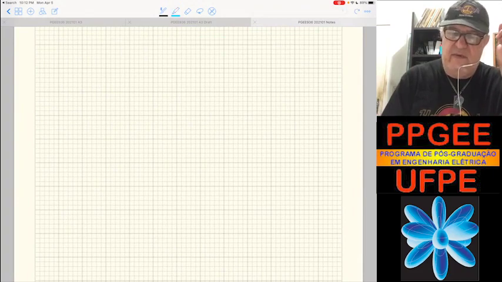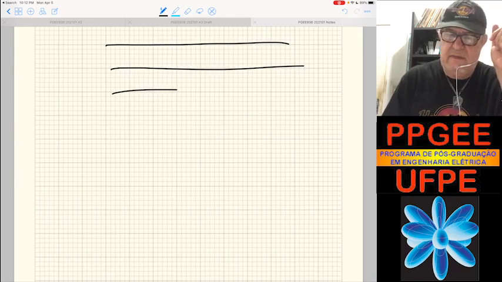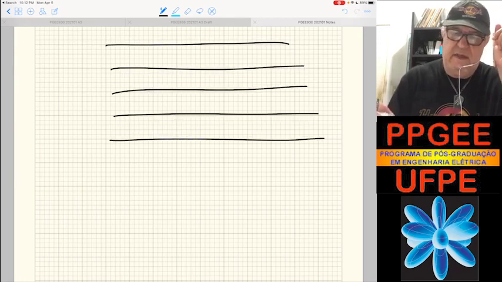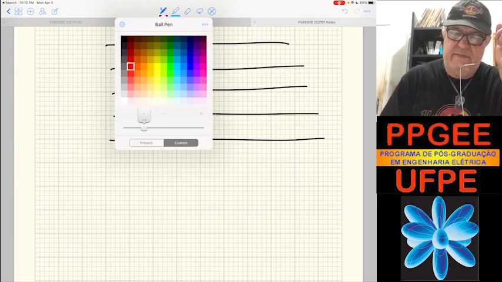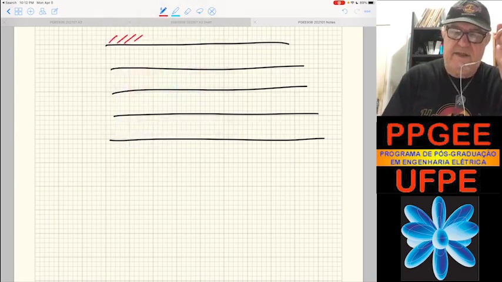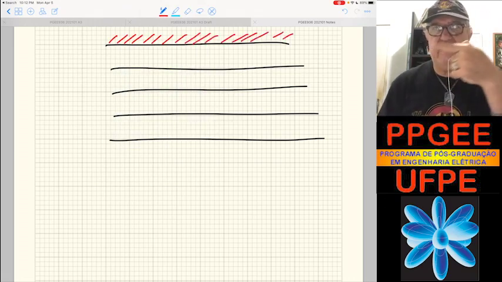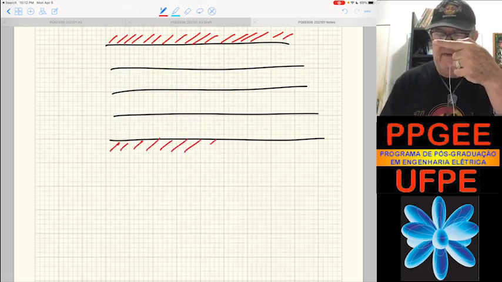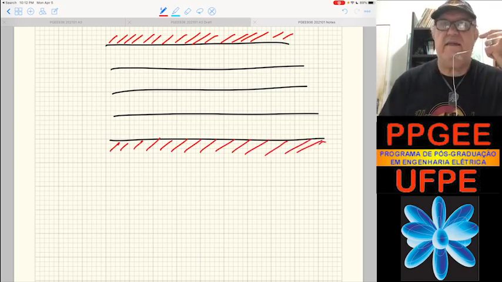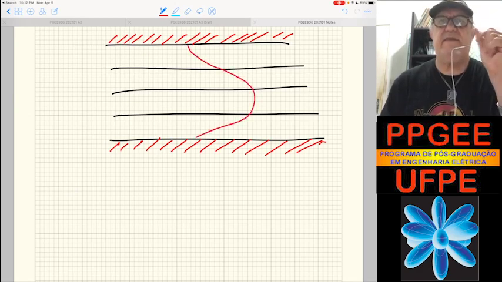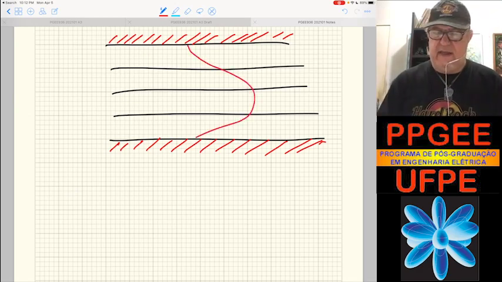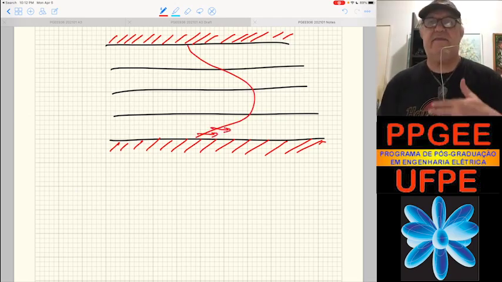You have water flowing in a river. Near the margins of the river, the velocity field tangent to the margin is very close to 0. And the velocity profile would have something like this, would increase like this, perhaps. I mean, the velocity increases as you depart from the margin, right?